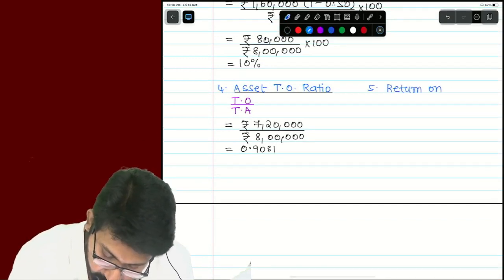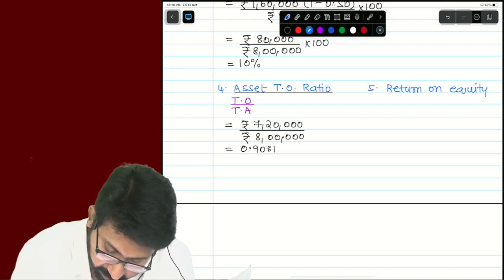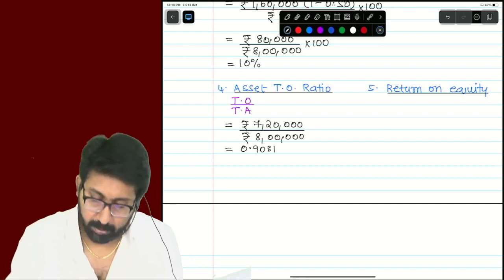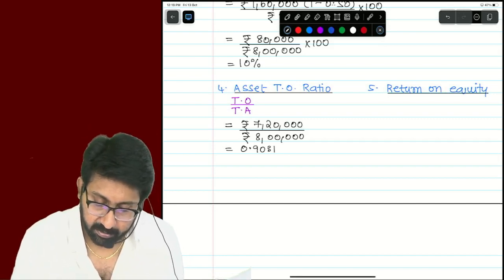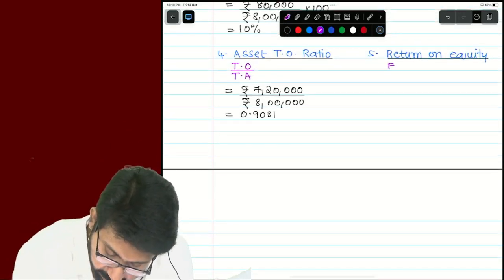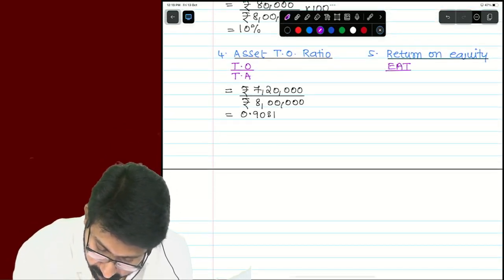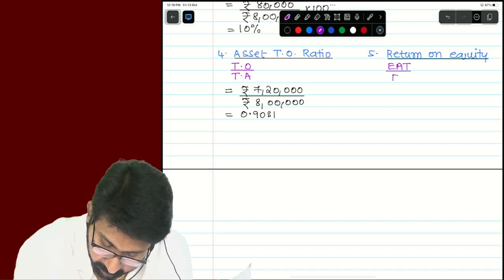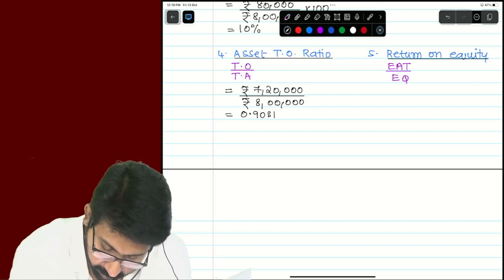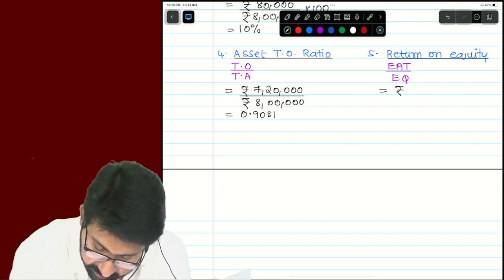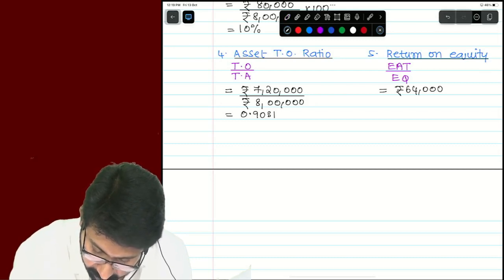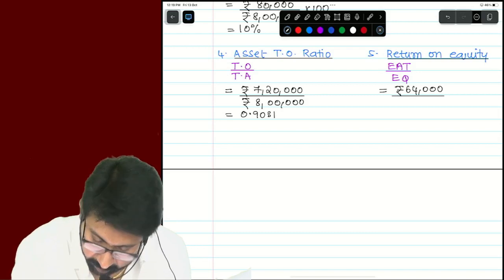Return on equity. Owner's equity or equity, both are the same. Equity owners require EBIT, EBT, EAT. What is the EAT given in the question? Rupees 64,000 divided by 4 lakh.